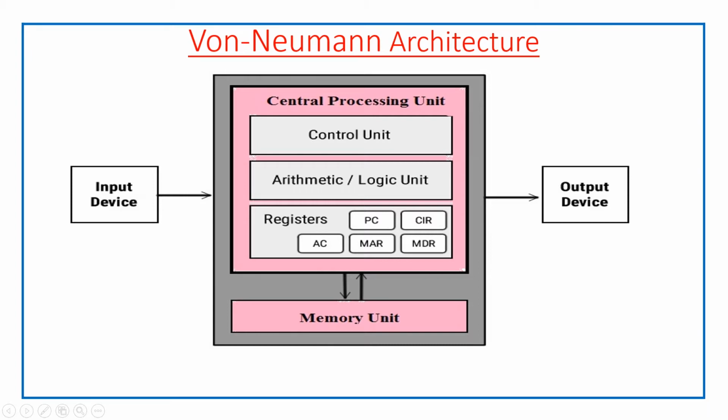So mainly the von Neumann architecture consists of input-output devices, the central processing unit and the memory unit. The registers, arithmetic logic unit and control unit are the parts of the central processing unit, and we will learn about this in detail later.